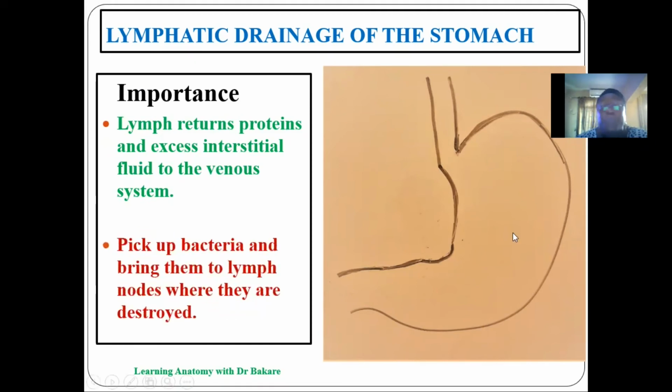They also help to pick up bacteria and direct them to the lymph nodes, where they will be filtered out and destroyed. So you can see the essence of the lymphatic drainage of the stomach and how important it is. Let's go to the lymphatic drainage of the stomach to unfold the basis behind it.